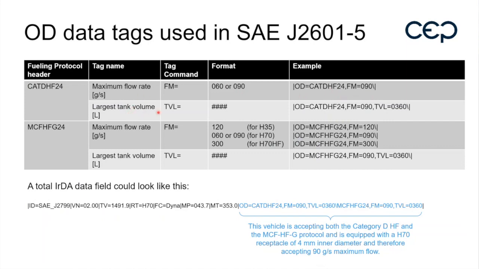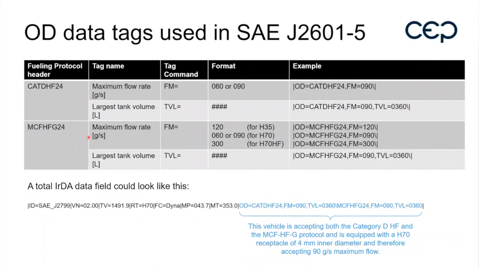And another one is the largest tank volume, in liters. For example, in this case, it's a category D high flow 2024 version for the SAE J2601-5. Maximum flow rate is 90 grams per second, and the largest tank in my system has 360 liters.